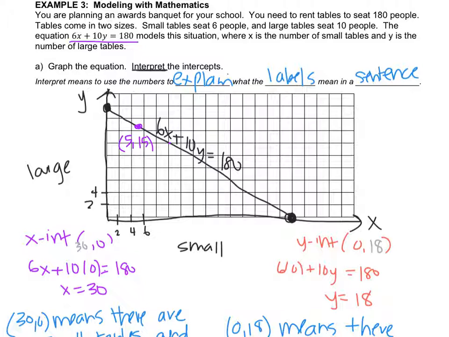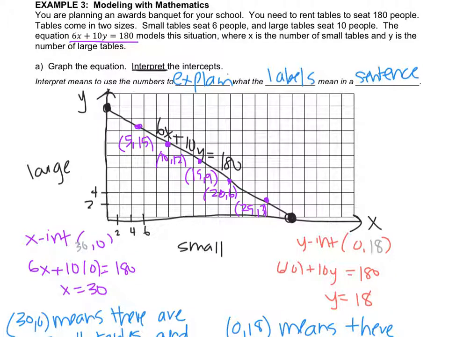There's another point here at (10, 12). There's a point at (15, 9). There's a point here at (20, 6). And there's one more point here, and that is (25, 3).